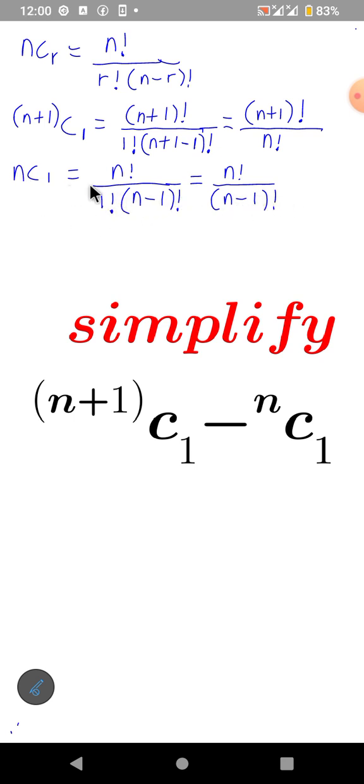So n combination 1 is same thing as n factorial all over n minus 1 bracket close factorial.